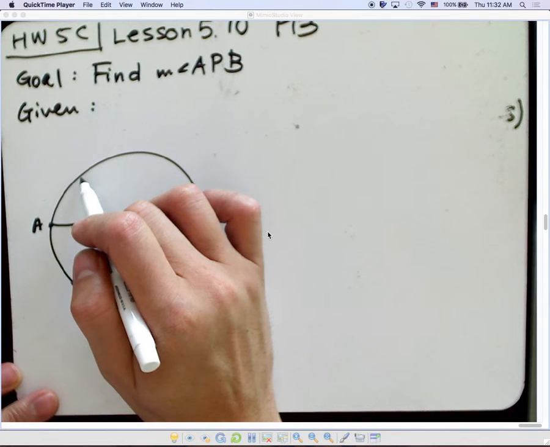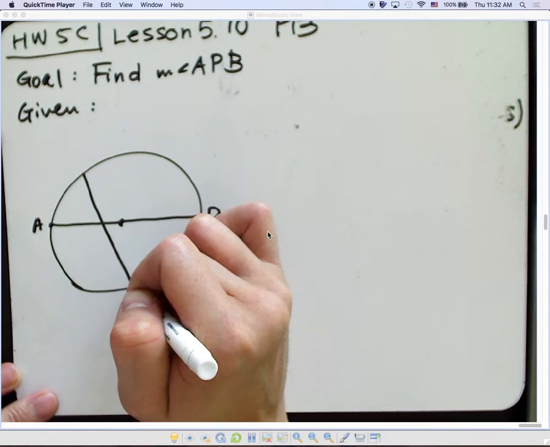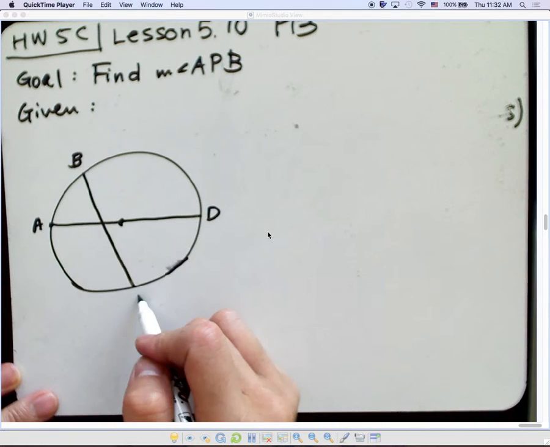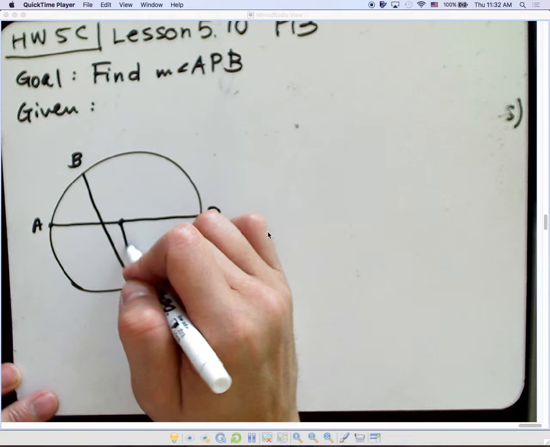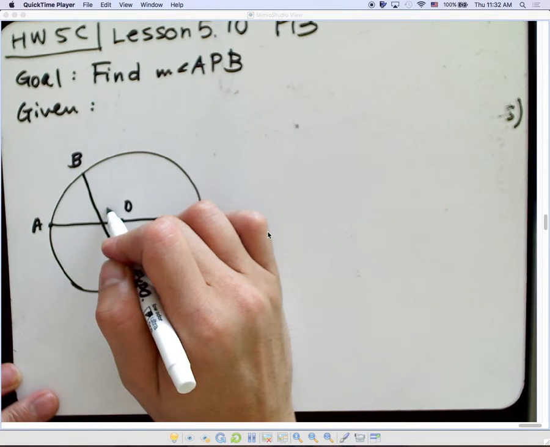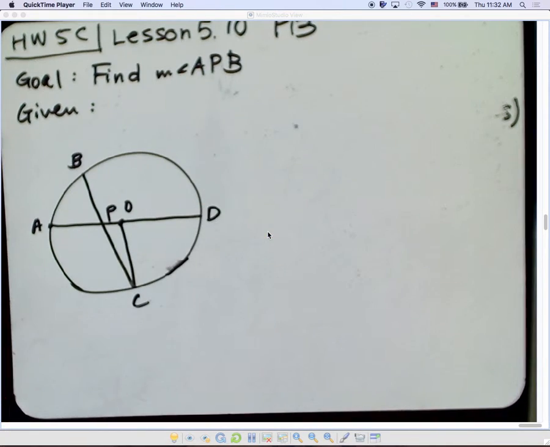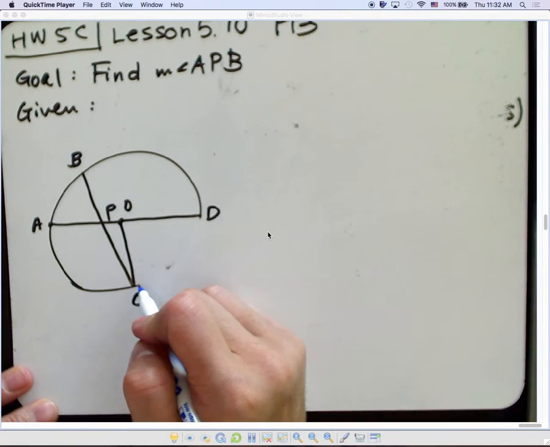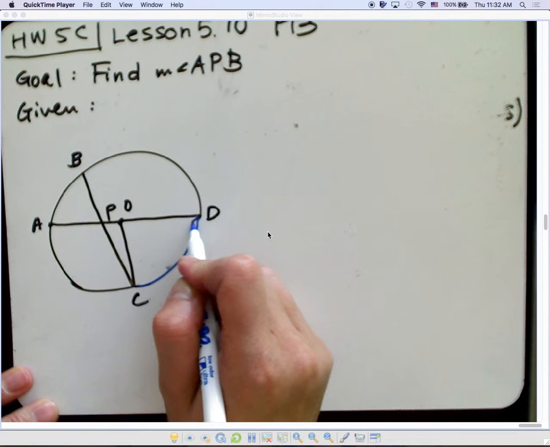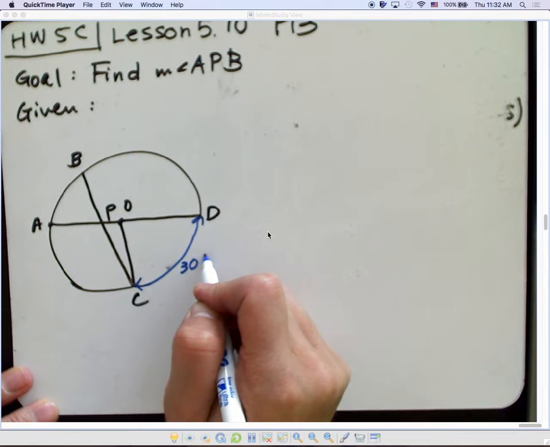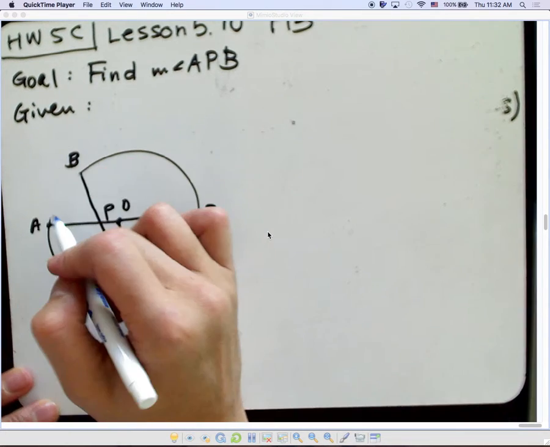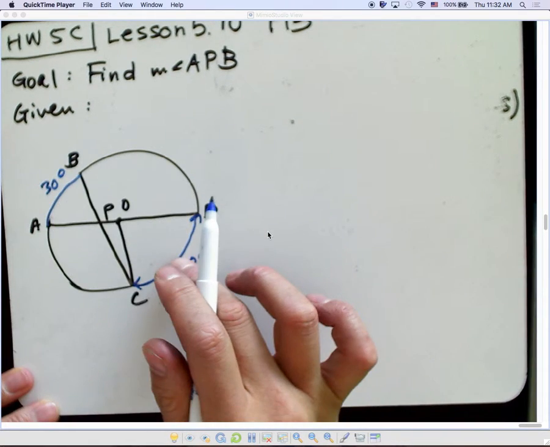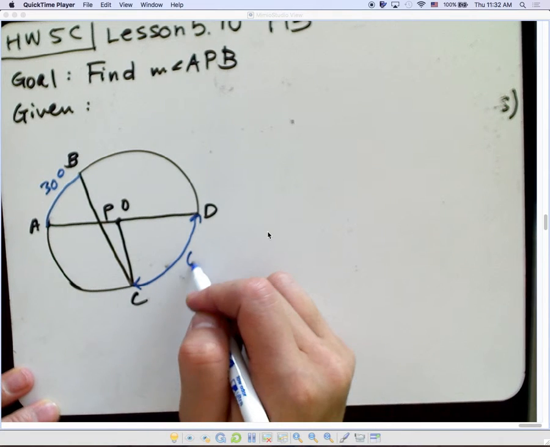Now you have B to C, and OC, and the intersection is P. What we know is arc CD is 60 degrees and arc AB is 30 degrees.